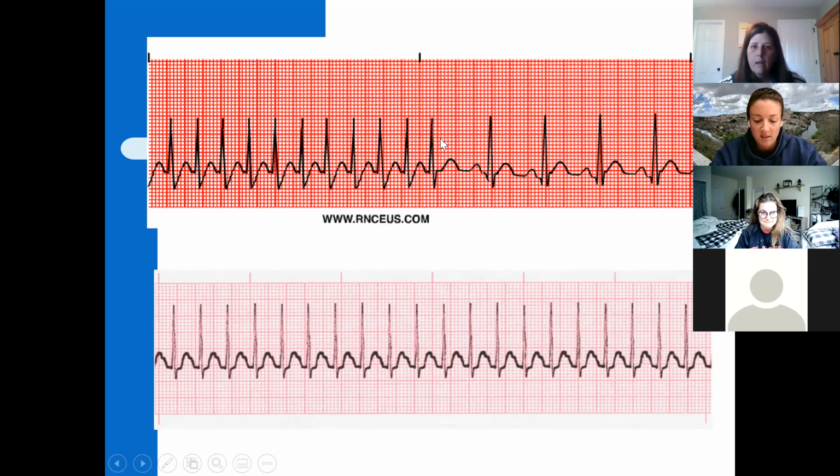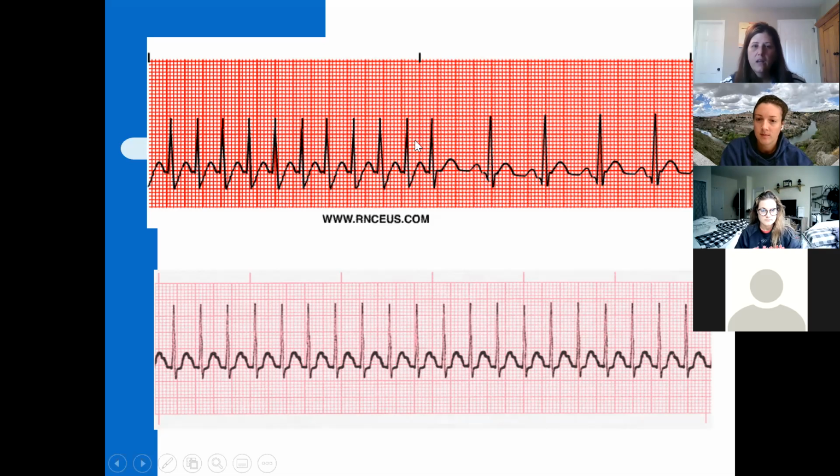Here, I get to my underlying rhythm. This looks pretty normal. Here's a nice P wave, a QRS, a T, a P, a QRS, a T, P, QRS, T, P, QRS. We can't see the rest. But if we wanted to calculate this out, just on these 3 seconds here, 1, 2, 3, 4, 5, 6, 7, 8, 9, 10, 10 and a half.